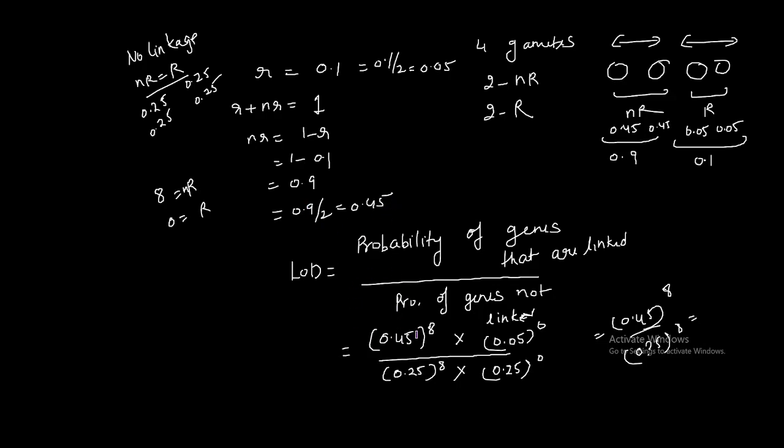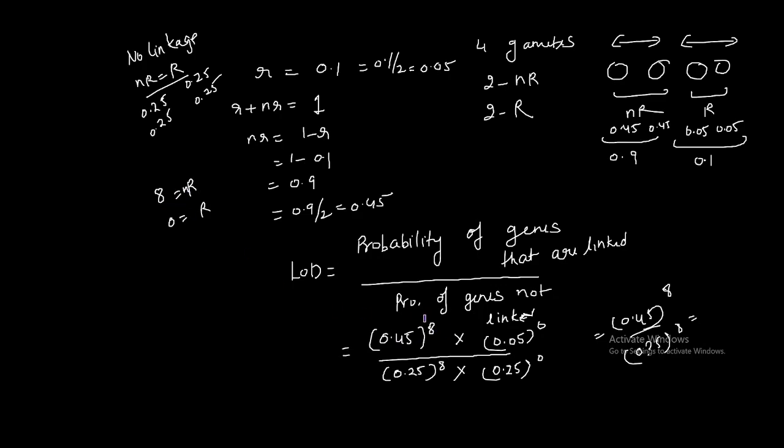Now the formula is like this: frequency of the non-recombinants times frequency of the recombinants, divided by the same when the genes are not linked, where the frequency of recombinants and non-recombinants is always going to be 0.25, 0.25, 0.25, 0.25. So here the frequency of non-recombinants we have calculated is 0.45, and how many non-recombinants? 8.